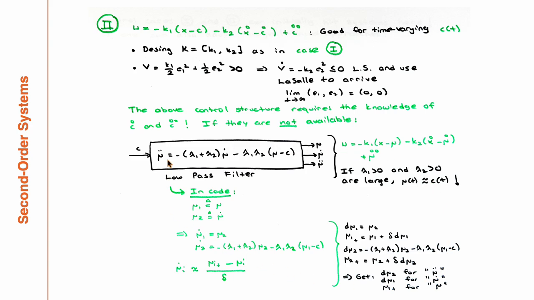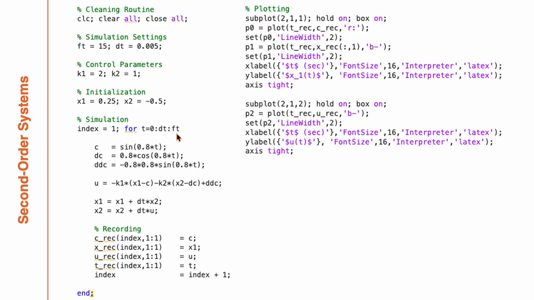Before I move into the case when C dot and C dot dot are not available, let's assume they are available, and we have this controller here. We have C, which is sine 0.8t. I need to compute C dot and C dot dot, which I analytically compute like this. I am using these K1 and K2 control parameters. You can try other parameters you can design using LQR or pole placement, or randomly pick them.